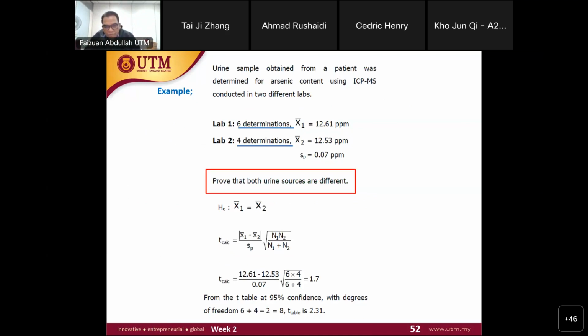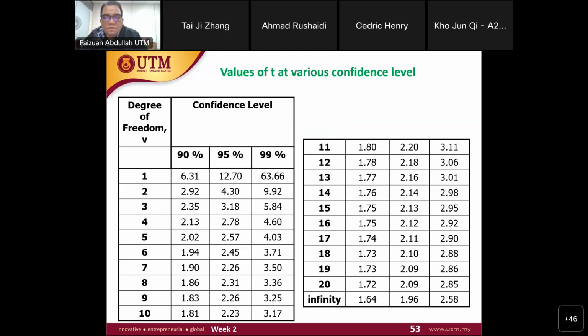So we add both of the numbers of n and we minus 2. So we got 8. We find the 8 from the T table and we got 2.31. Now, since T calculated is lower than T table, the hypothesis is accepted and the source of the urine is statistically the same. So we can accept the results from both labs.